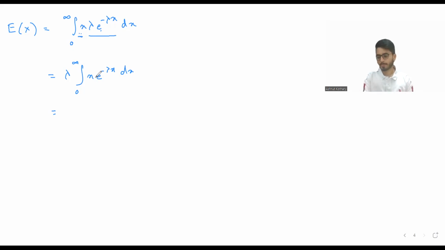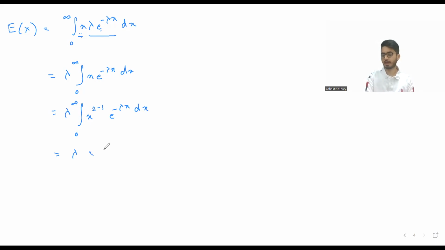So here, again, you need to compare. When I say alpha, this was when x was expressed as the power alpha minus 1. Here x is to the power 1, so my alpha will be 2. You need to bring it in that form: lambda x to the power 2 minus 1 e to the power minus lambda x dx from 0 to infinity.